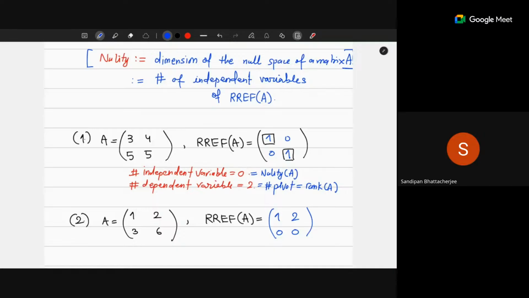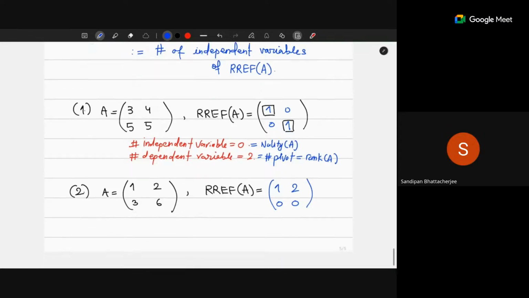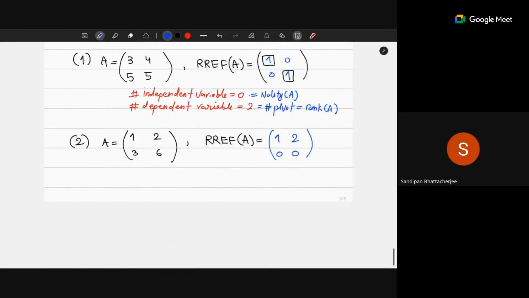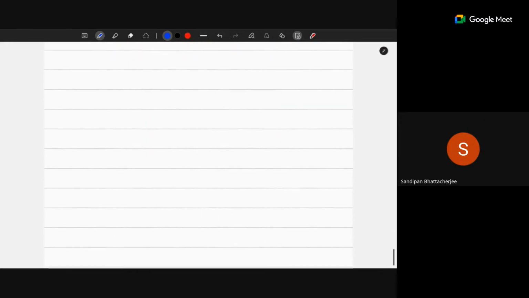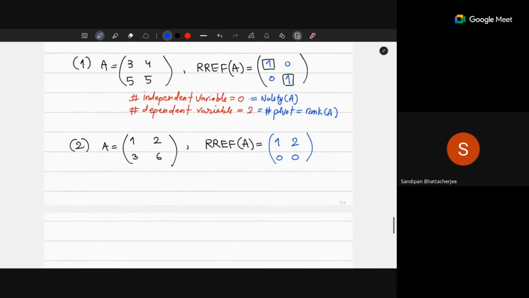Okay. So what was the nullity of example 1? 0. What was the rank of example 1? 2. Similarly, what are the number of independent variables in example 2? It is 1, right?